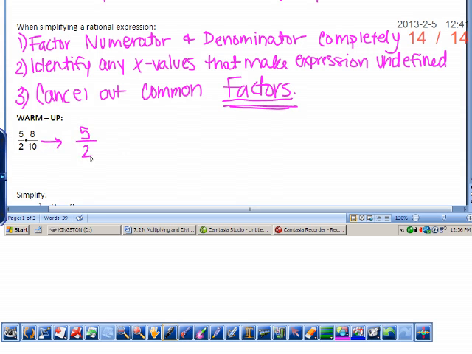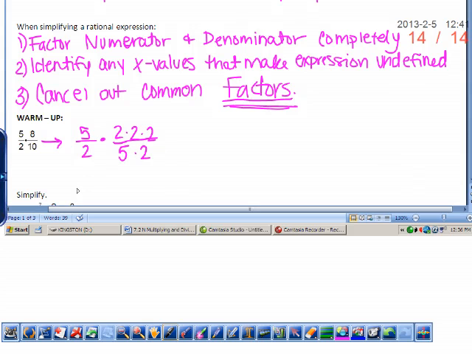No, it's already as factored as it can be. What about 8, though? Are there any other prime factors I could list out instead of 8? Okay, 4 and 2, but then if I factor out 4 again, it would give me 2 times 2 times 2. Those are the prime factors of 8. What are the prime factors of 10? 5 and 2.